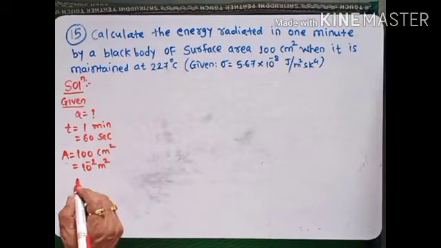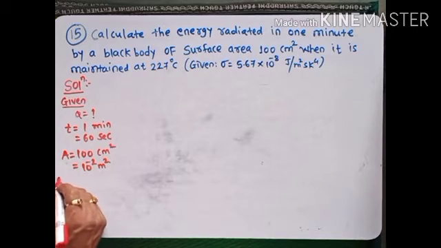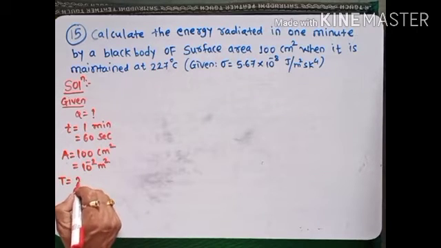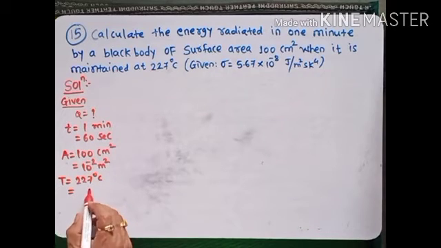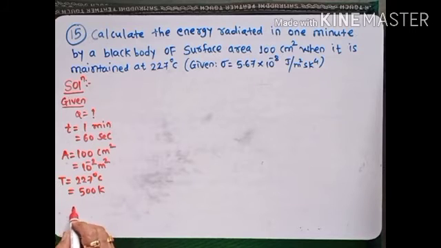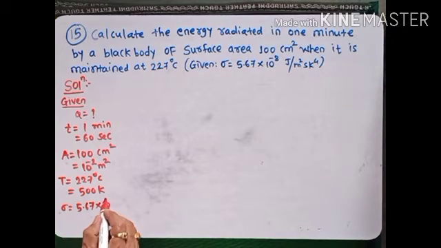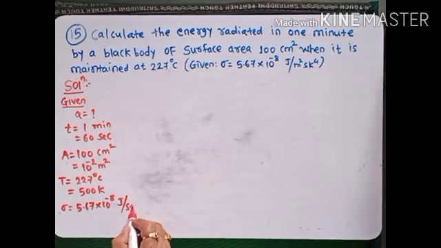Then temperature is given when it is maintained at T equal to 227 degrees centigrade, in Kelvin I will write directly 500 Kelvin, and also sigma is given 5.67 into 10 raised to minus 8 joule per second meter square K raised to 4.